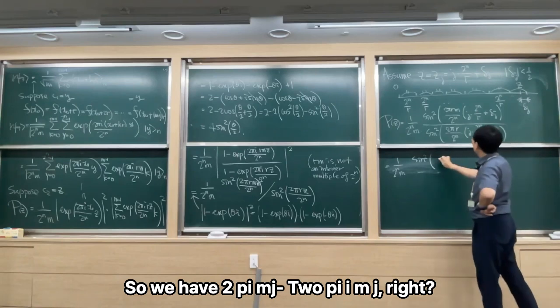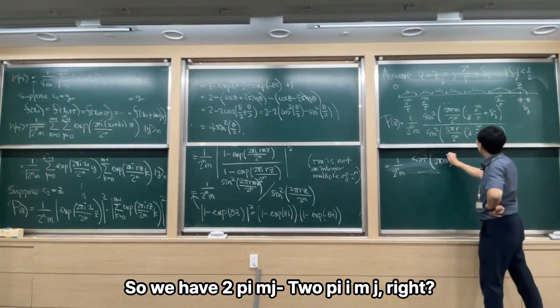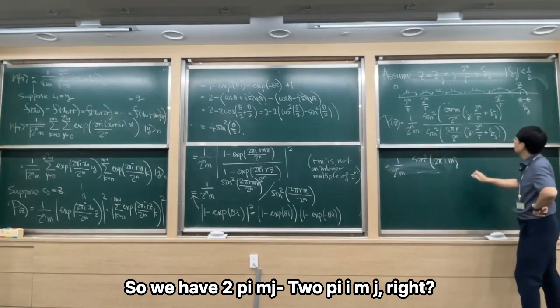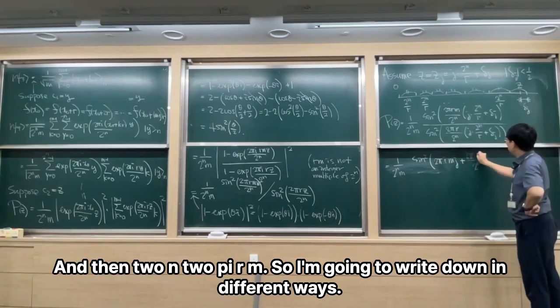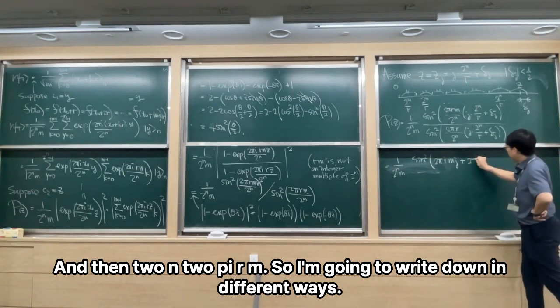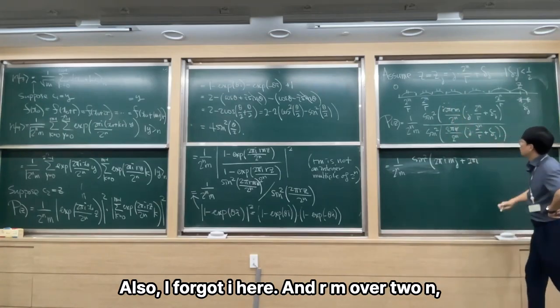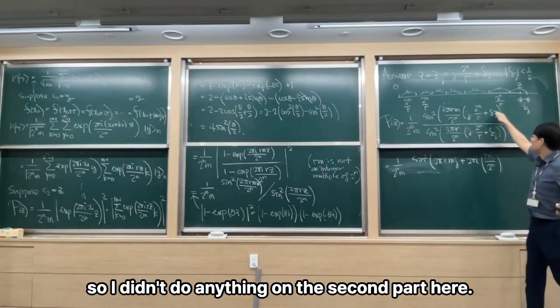So we have 2π i m j, right? And then 2^n 2π r m. I'm going to write it in a different way. I forgot i here, sorry. Also, I forgot i here. And rm over 2^n. I didn't do anything on the second part here.